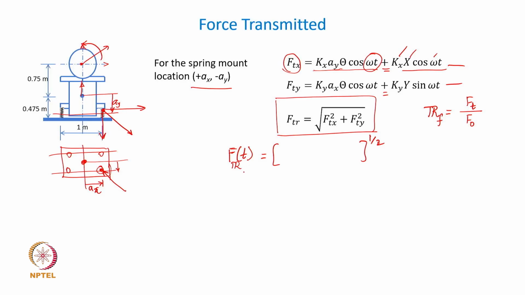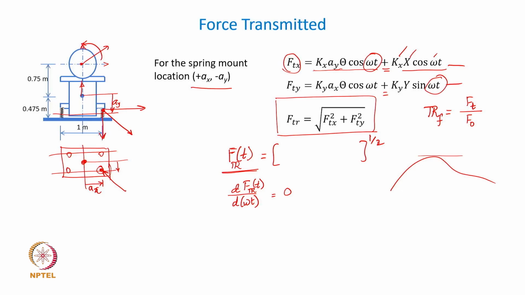So, this is going to be again a long expression, but if I want to find out the maximum force transmitted, what am I supposed to do? I will have to find out how much is the maximum force by setting this derivative to 0. Okay. When you get the instantaneous transmitted force and it may vary, then I can find out the maximum force by taking a derivative with respect to omega t, because this is the independent variable with which the transmitted force will vary with time.